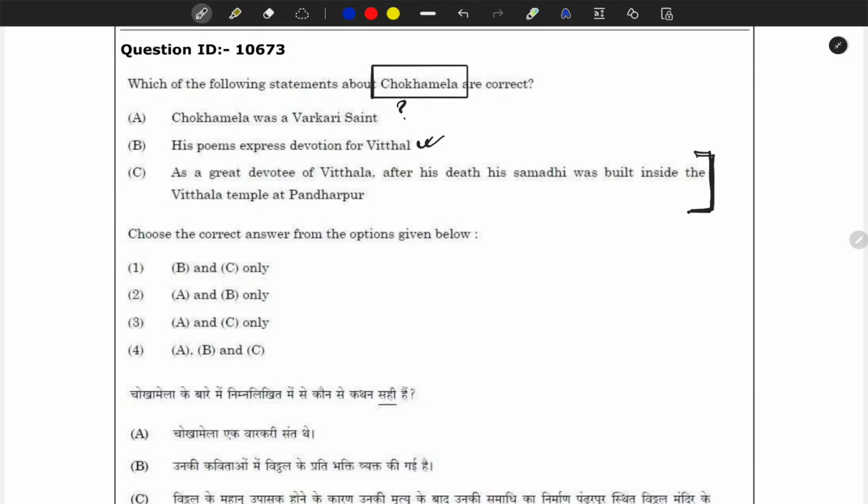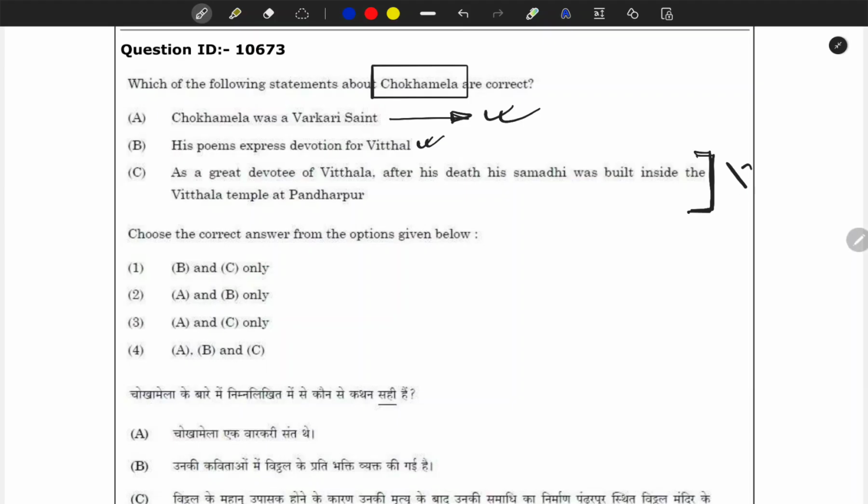Even if you don't know anything about this, you can conclude that he was a Bhakti saint. Second thing, why would his samadhi be inside the temple? Because he was a Bhakti saint. For Bhakti saints, religious structures are not important. This you have to understand.